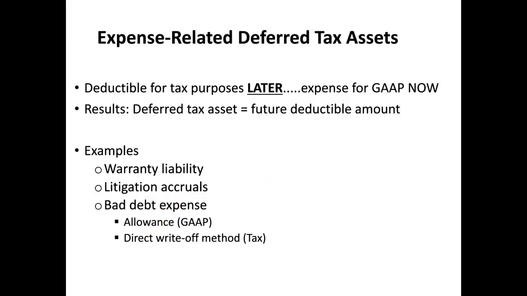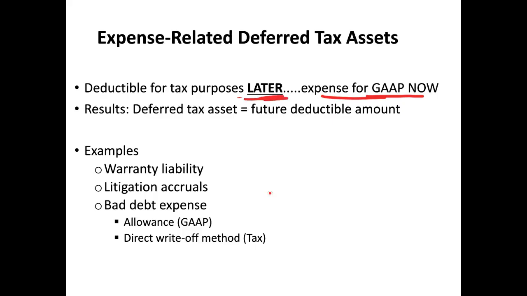And let's get into one of those temporary differences, expense-related deferred tax assets. This means that we have something that is expensed for GAAP, which means financial reporting, now. However, we do not get to take that expense as a deduction on the tax return until later.